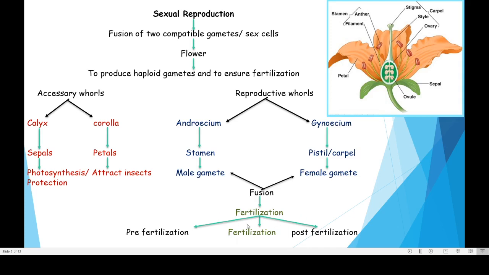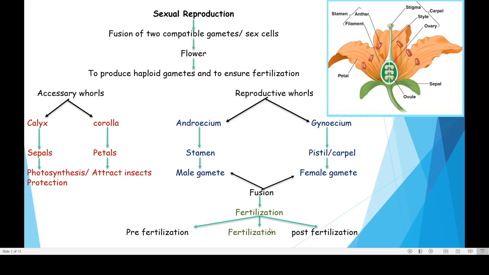If you look at fertilization, this process is divided into 3 steps. First is pre-fertilization, where some changes occur in the flower before fertilization. These changes are called pre-fertilization changes. The next step is fertilization, where the actual fusion of male and female gametes takes place.